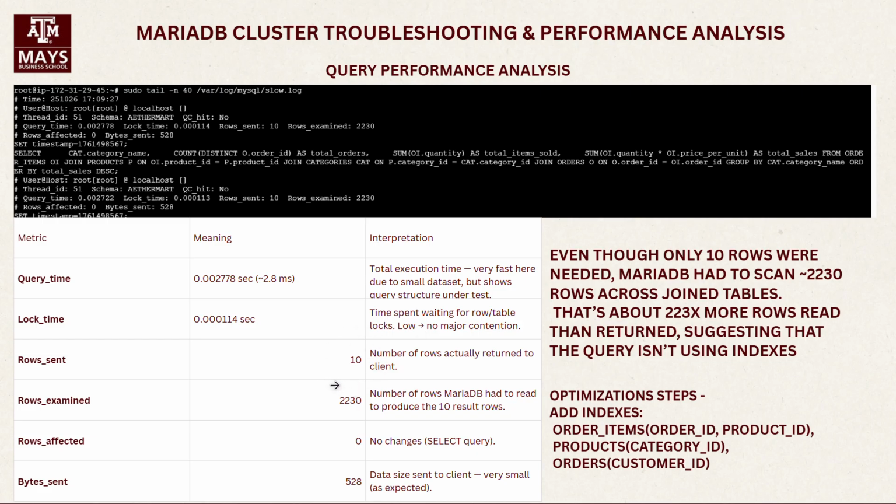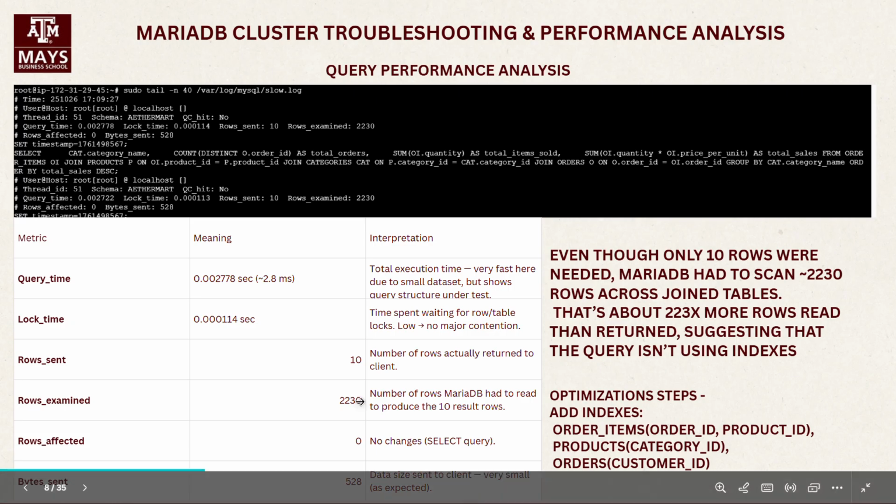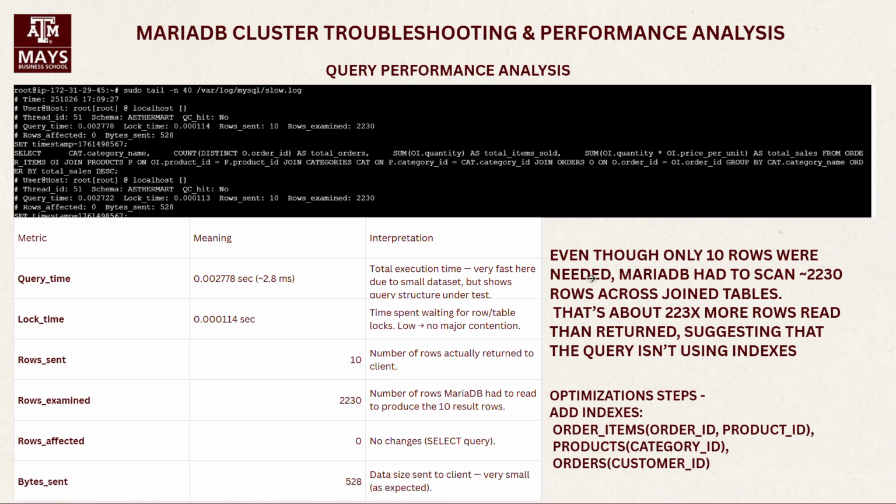Then these are the number of rows that were actually fetched using that query. But just to fetch 10 rows, 2230 rows were examined. Even though only 10 rows were needed, MariaDB had to scan these many rows across join tables. So that's about 223 times more rows read than returned. This suggests that the query is not using indexes.